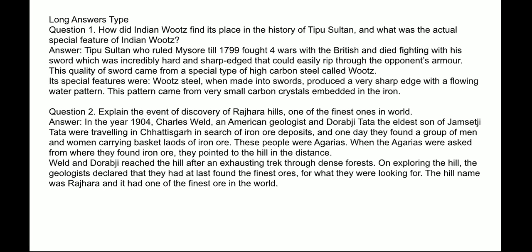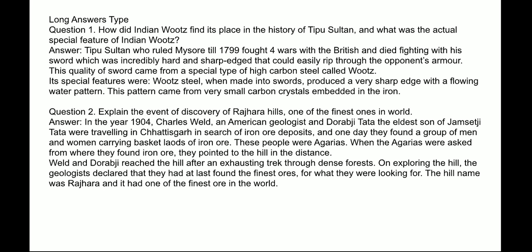Next question. Explain the event of discovery of Rajhara Hills, one of the finest ones in the world. Answer. In the year 1904, Charles Weld, an American geologist, and Dorabji Tata, the eldest son of Jamshedji Tata, were traveling in Chhattisgarh in search of iron ore deposits. And one day they found a group of men and women carrying basket loads of iron ore. These people were Agarias.